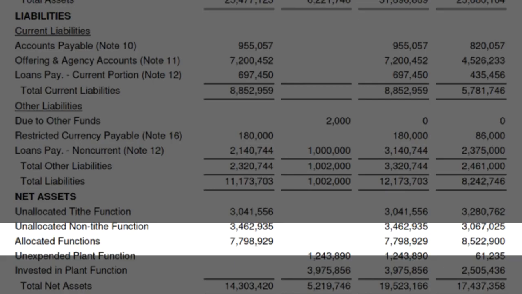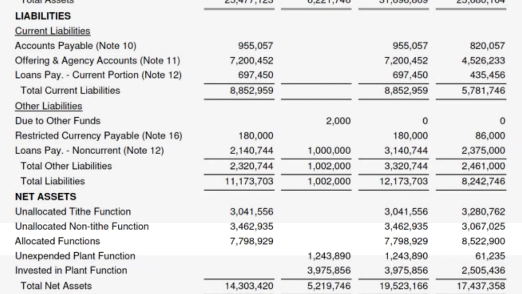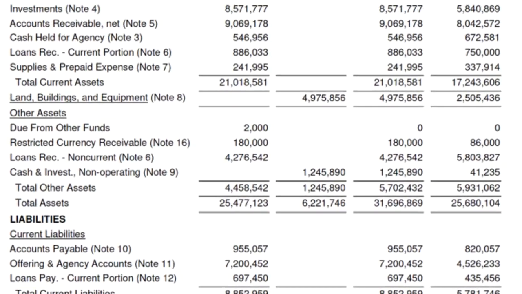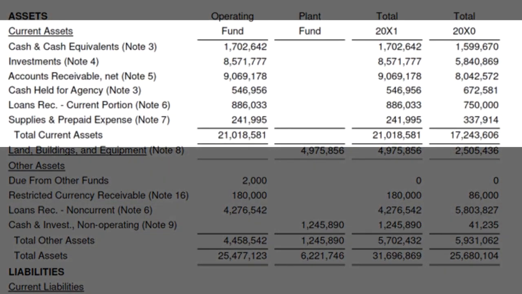Okay, it looks as if I'm just grabbing things out of the air here, but basically I have a purpose for all of this. So current assets, let's just make sure we're clear on the definition of current assets, current liabilities, and allocated functions.